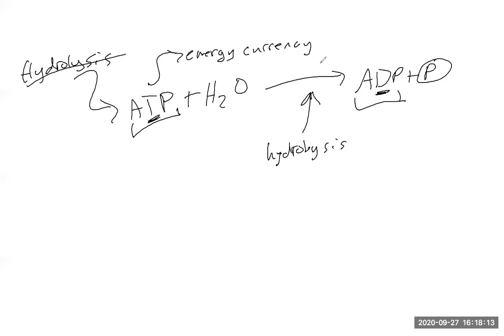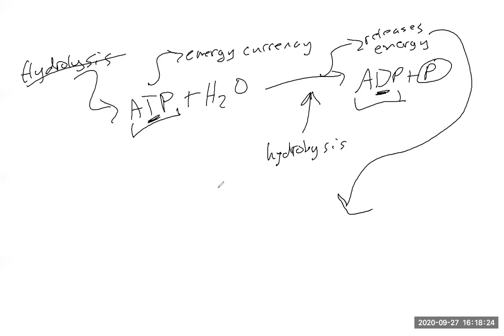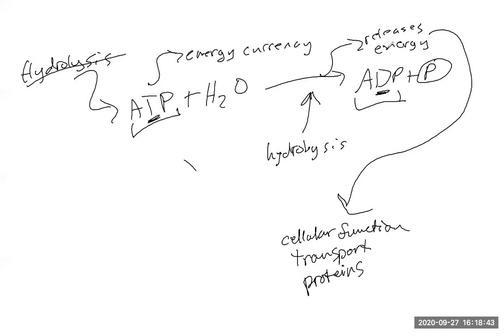And like in our example with our circles, this reaction releases energy. That energy can be used for all types of things like cellular function, cellular transport, protein activation or synthesis, anything. So that energy is definitely used by the cell.